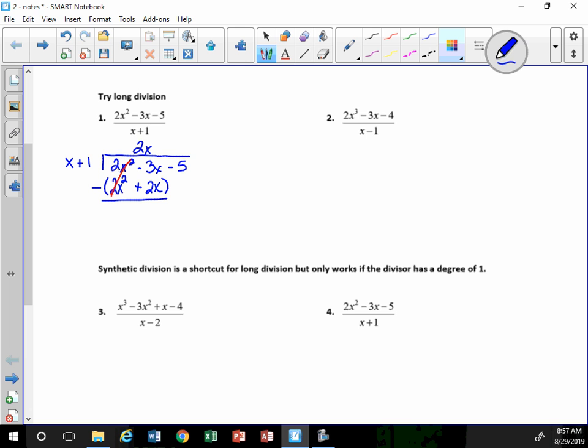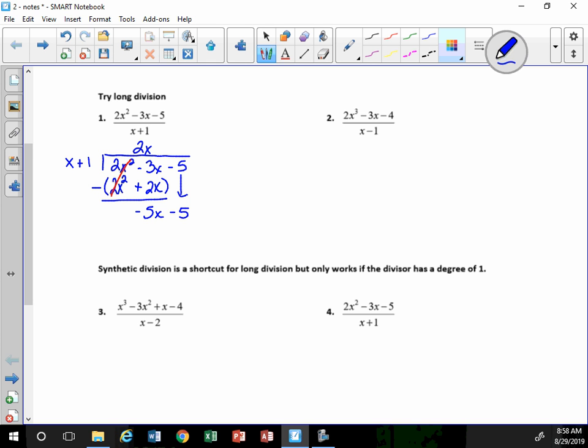All right, then the first place where something's pretty tough. I've got a negative 3x minus 2x. What is that? Negative 5x. Good. And I bring down minus 5. Remember so far? Okay.